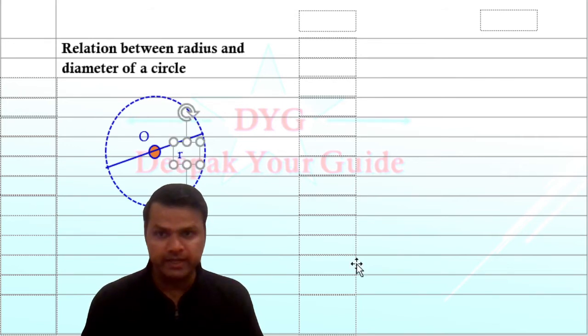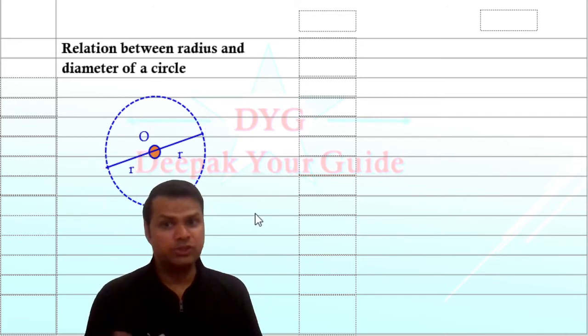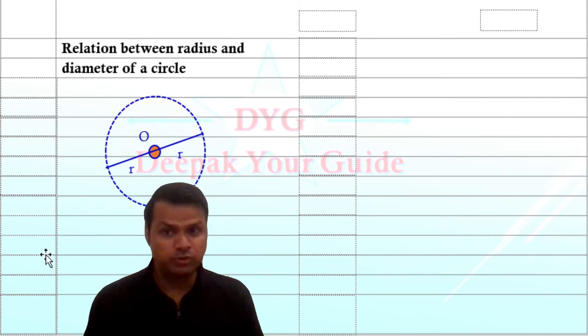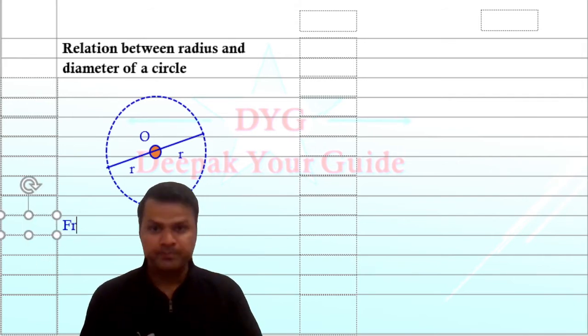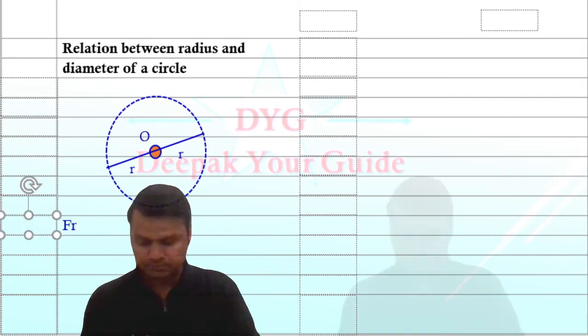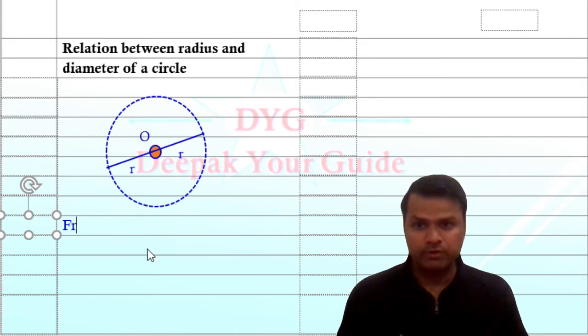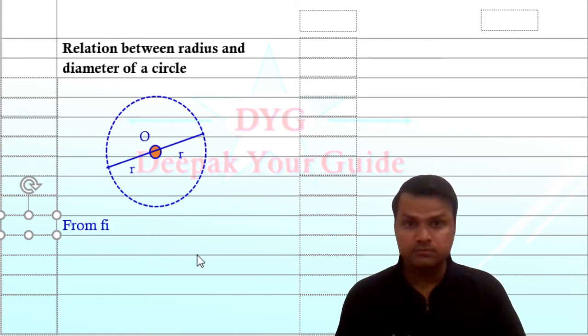And if this is the radius, then I think you can see that this is also the radius. So what is actually happening? Diameter is made up of, so from figure, if you see from figure, now let's see what we can see here.